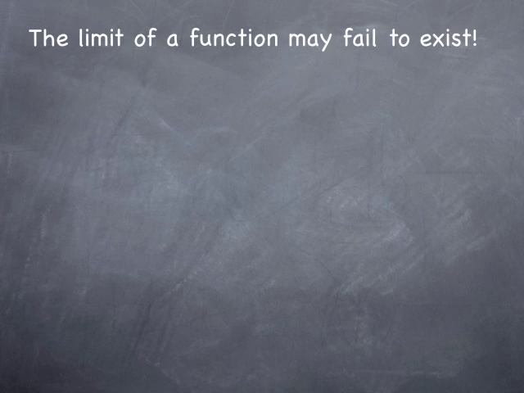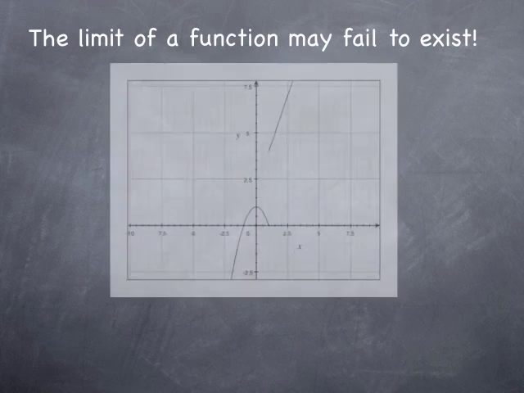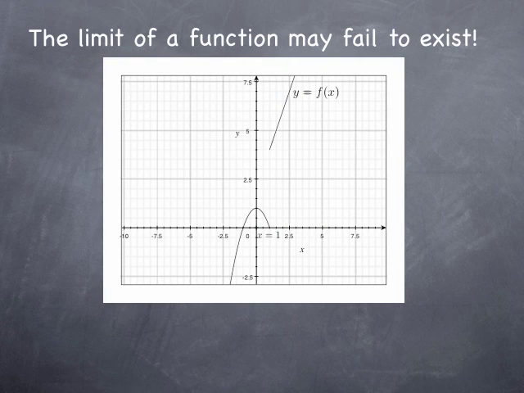Another way for the limit of a function to fail to exist is if the function has really two pieces. Well, in some sense it was the case in the previous example where we had a vertical asymptote, but the values of the function were getting larger and larger. Here we don't have this phenomenon, but we still have a problem to have the limit in the regular sense when x is approaching 1.